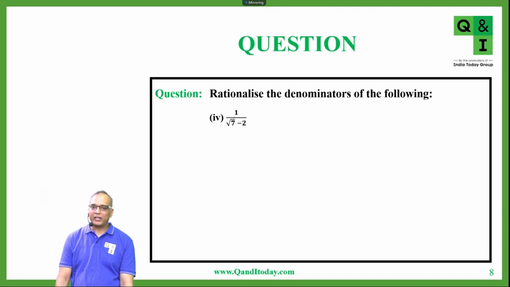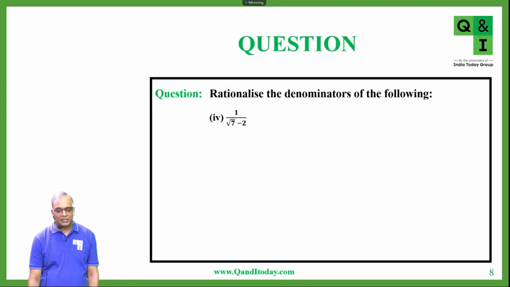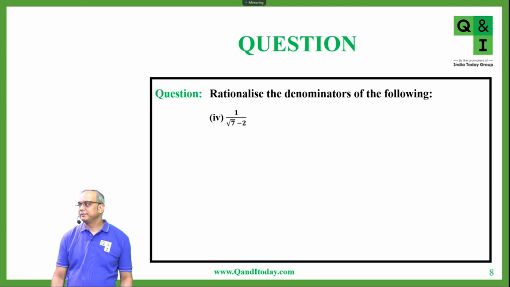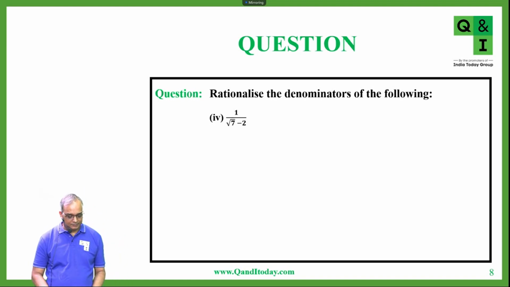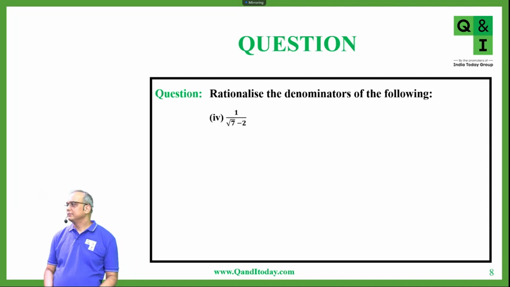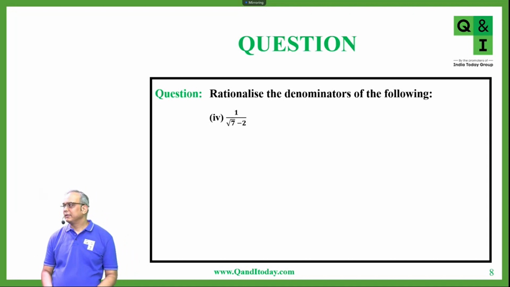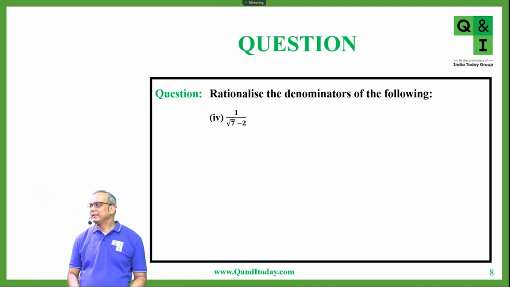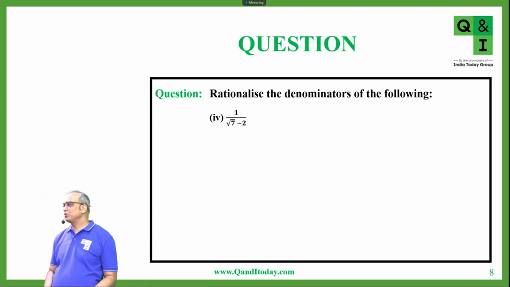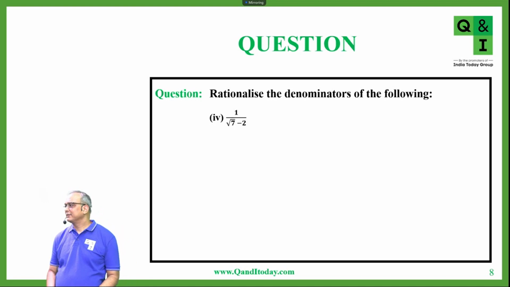There is no square root on 2, it's a normal number 2. Sir, answer will be root 7 plus 2 upon 3. Yes, the answer is root 7 plus 2 upon 3. Anay, yes, you are correct.